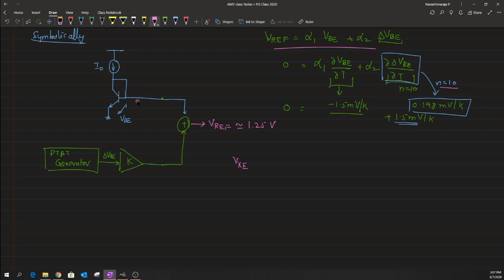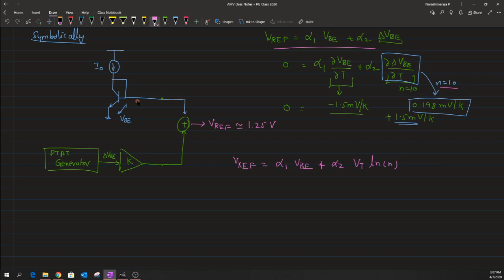V reference is equal to alpha 1 times VB, and in the place of delta VB, we know that this delta VB is nothing but the potential difference between the VBs of two transistors that are being operated with different current densities, right. So in that case we end up having a value which is equal to thermal voltage times the current density ratio factor. Okay. So this is what we have here.